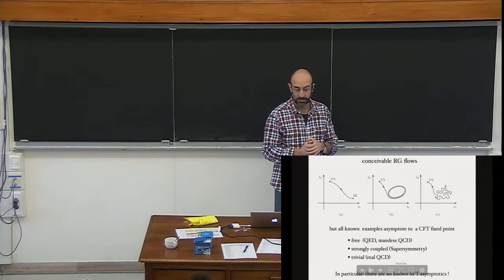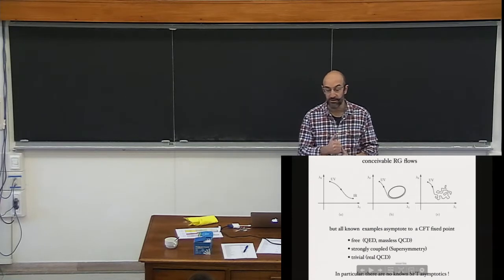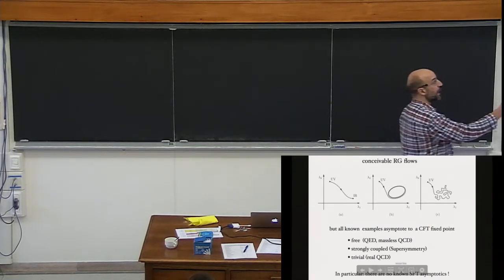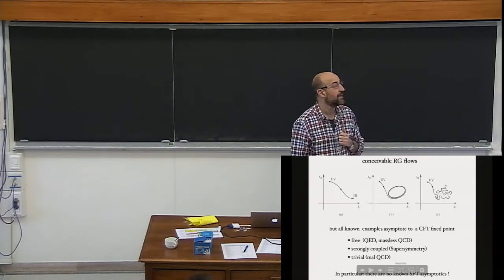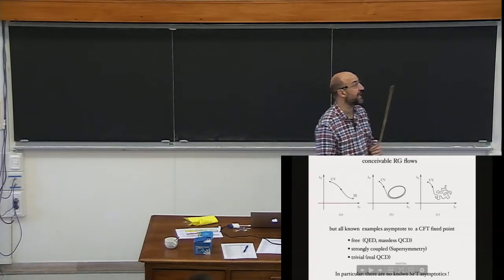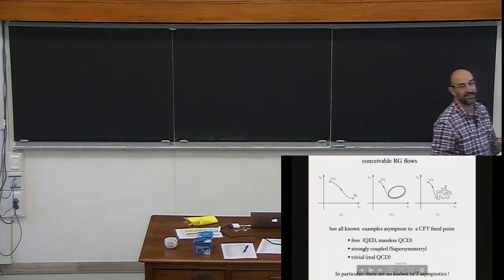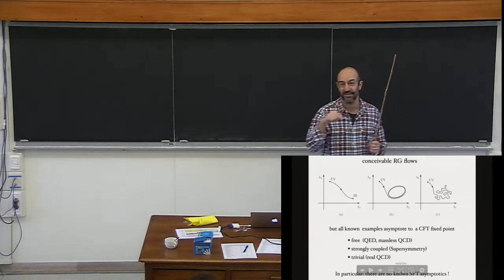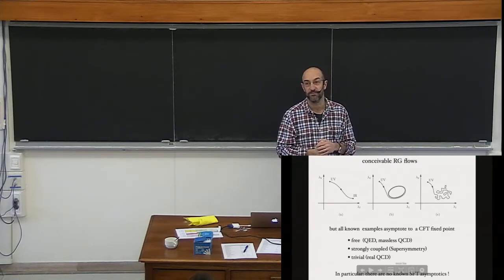Okay, so let me show you three examples of what can happen. It can happen that the theory flowing from the UV will flow to a new fixed point in the infrared. Okay, it can happen that starting from the UV, it will start going around at a certain point, and it will get some limit cycle, and will spiral along this point forever.